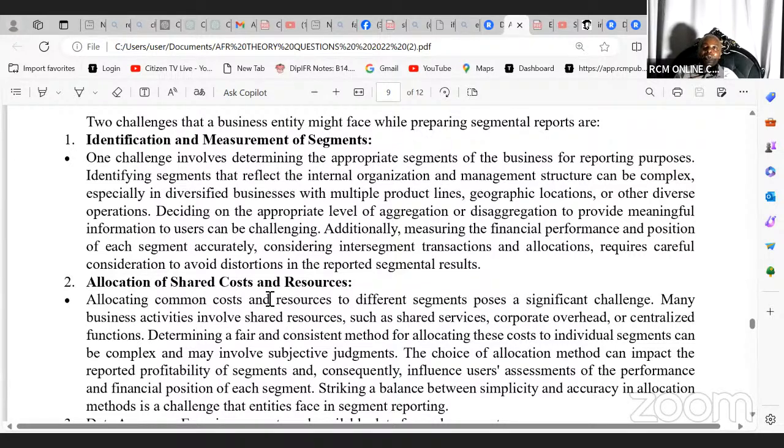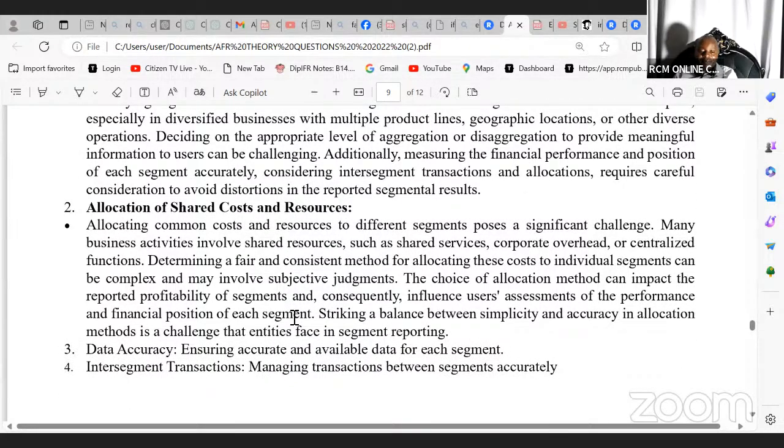What criteria will you use to say that, for example, 10% of the rent paid for the head office goes to ACCA, with the rest going to the other segments, and to CPA, 80%? What criteria? It is not a straightforward criteria. So allocating shared costs and resources is normally not straightforward. You're going to get a challenge there.